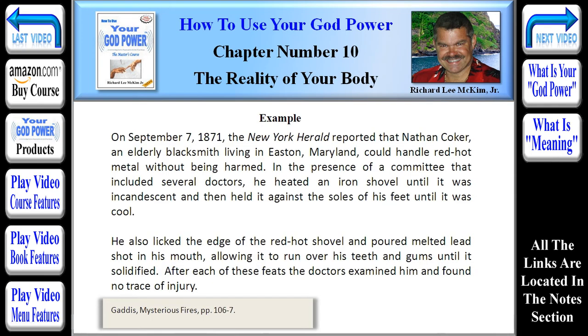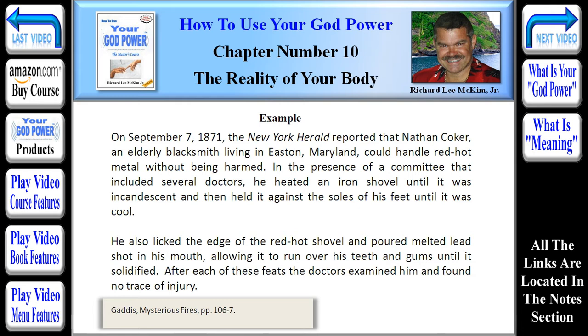On September 7th, 1871, the New York Herald reported that Nathan Cocker, an elderly blacksmith living in Easton, Maryland, could handle red-hot metal without being harmed. In the presence of a committee that included several doctors, he heated an iron shovel until it was incandescent, and then held it against the soles of his feet until it was cool.